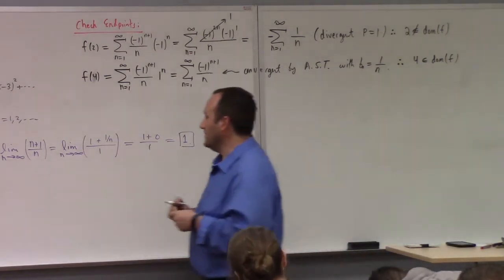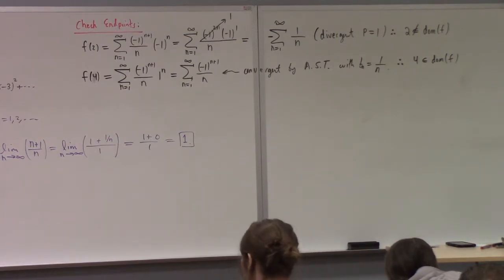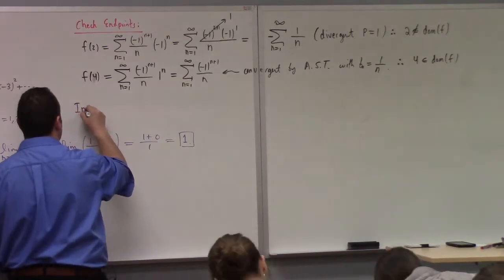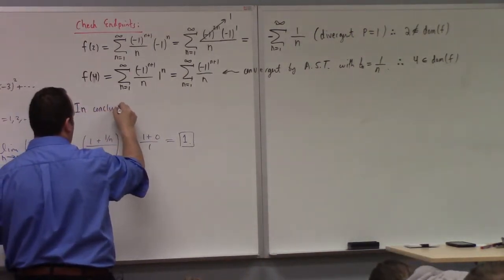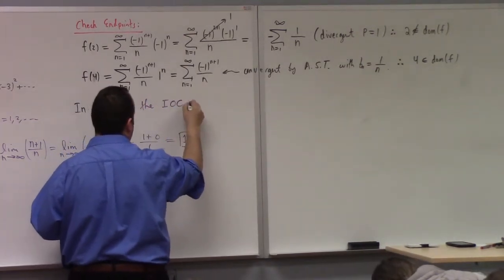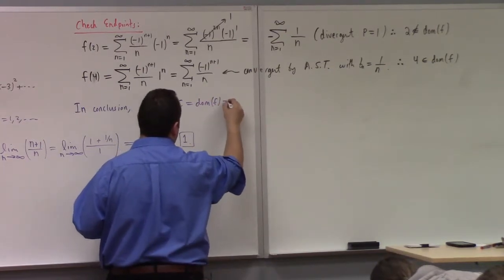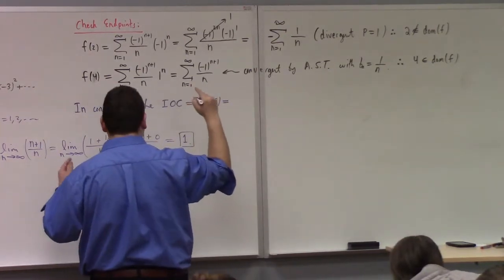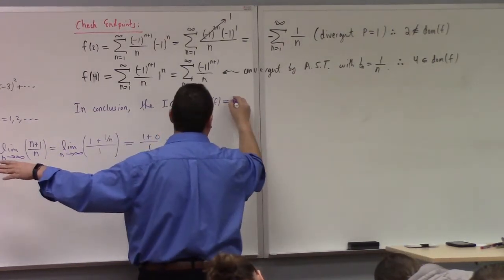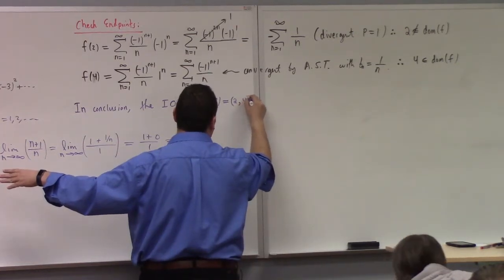Okay, so now what can we say? We can say that the interval of convergence, in conclusion, which, by the way, is the domain of f, that's what we're talking about, is 2 to 4, but 2 is not included, and 4, square bracket, included.